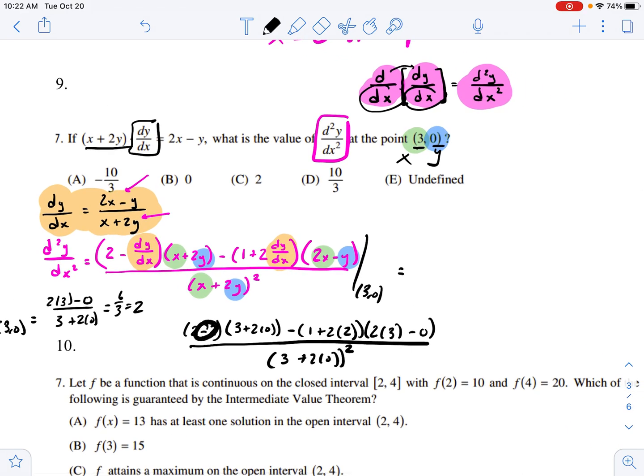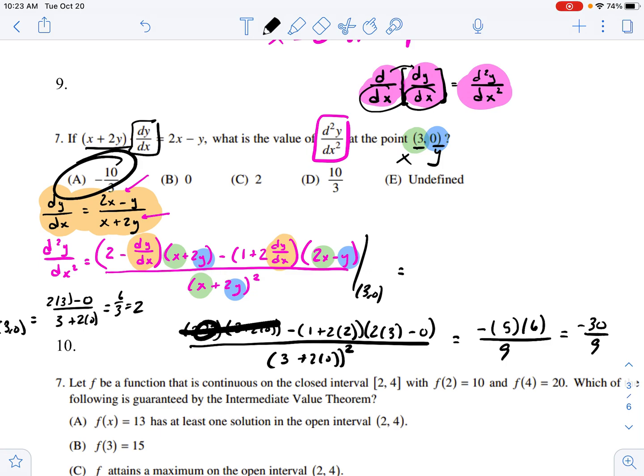And let's see what we get. Well, this is 0, so that's 0. We've got the negative of 5 times 6 over 9. Negative 30 over 9 is negative 10/3. There it is, choice A.